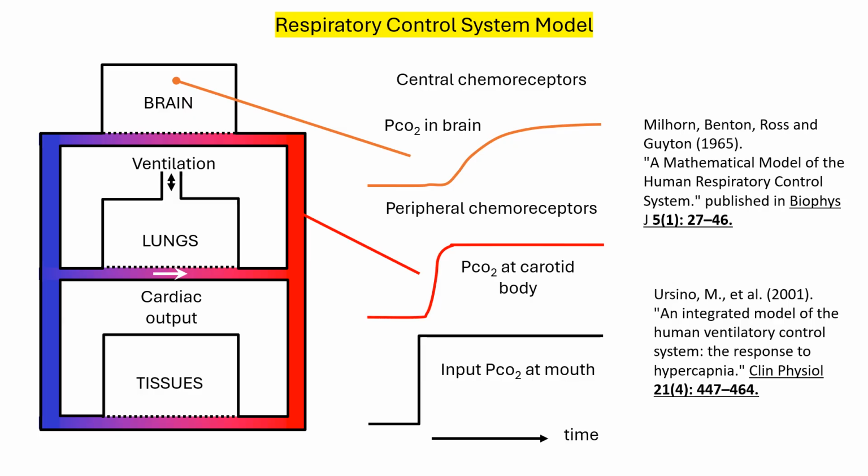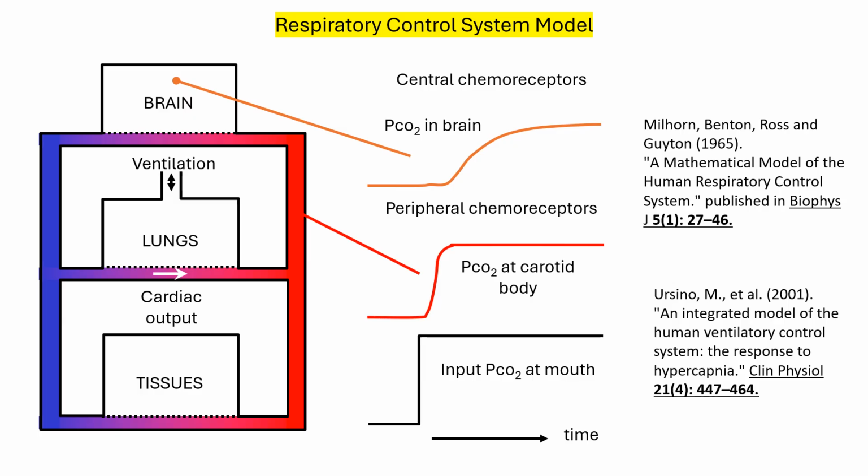Such 3-compartment models incorporating the washout effect have been proposed for a long time. For example, that of Milhorn, Benton, Ross, and Guyton in 1965, and later Ursino and colleagues in 2001. In these models, it is assumed that the central chemoreceptors are located within a brain compartment whose blood flow increases with CO2.